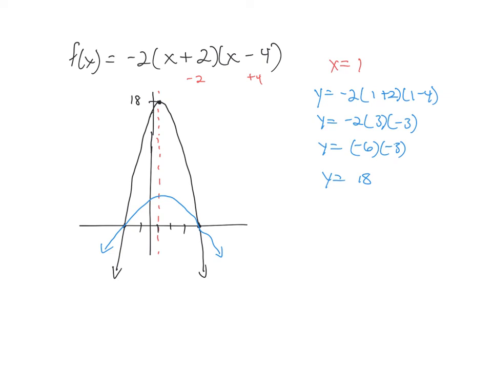I could draw a graph like that. Still has the same intercepts. So that number in the front is really what changes how high or how low, or opens up or opens down, or all that stuff, even though you could still have x plus 2 and x minus 4. So the number in the front is pretty important.